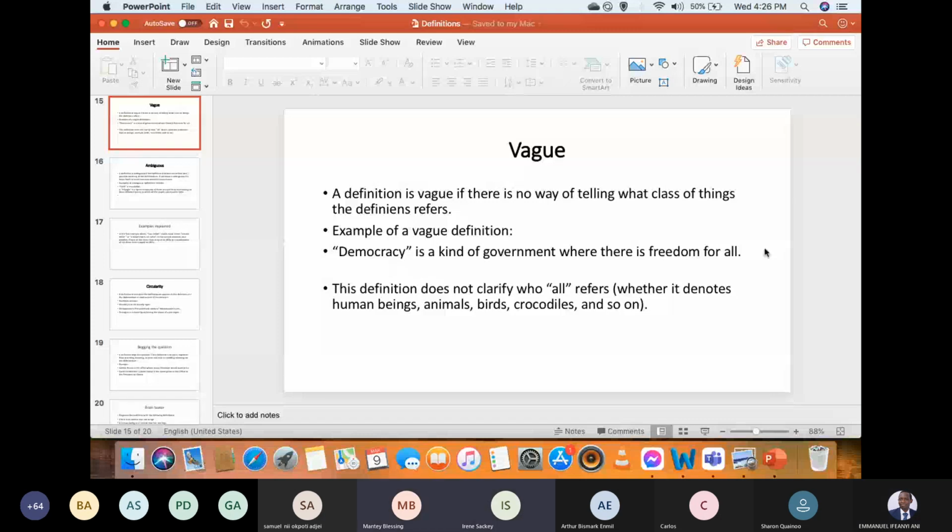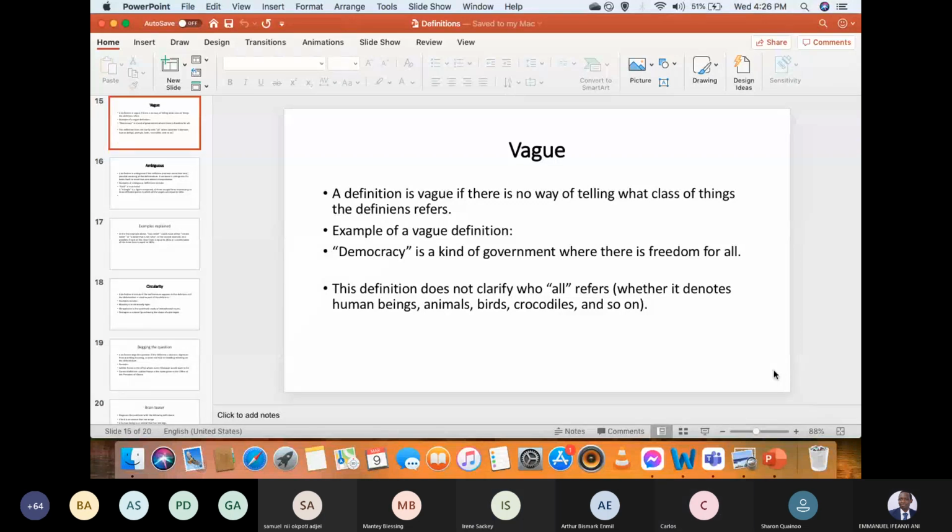Okay, thank you, sir. In other words, can you say that vague is more like giving a wrong explanation to a particular term? It's not necessarily wrong, but it did not situate the meaning very well. The meaning may be correct, but it was not situated properly.